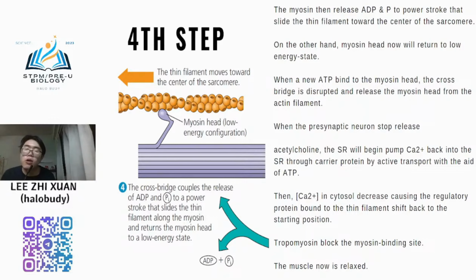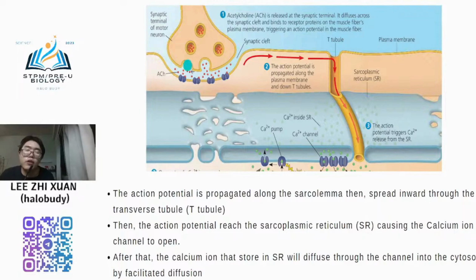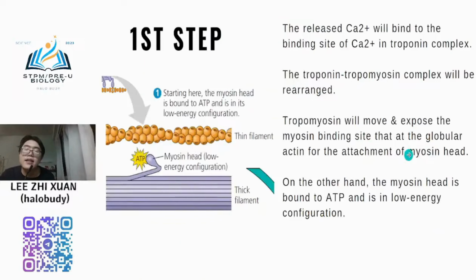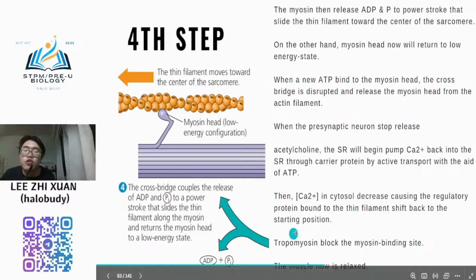So when there is no nerve impulse within this T tubule, with no acetylcholine, there is no action potential to trigger the calcium ion release. If there is no action potential, the calcium ion inside the cytosol of the muscle fiber will be pumped back into the sarcoplasmic reticulum through the carrier protein by active transport. Then when the calcium ion inside the cytosol decreases, the regulatory protein bound to the thin filament shifts back to the starting position.